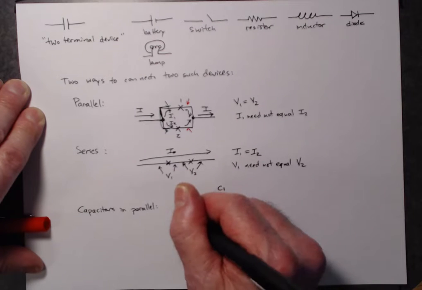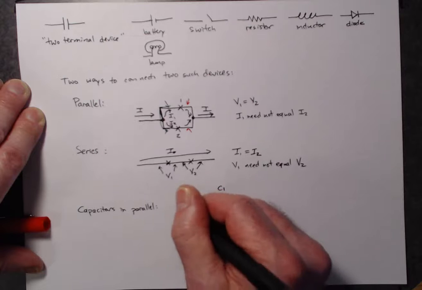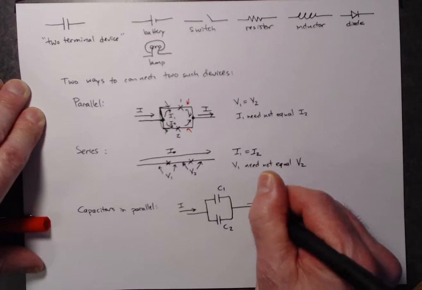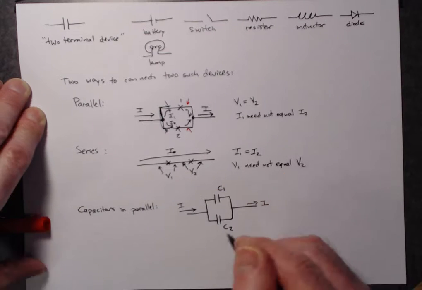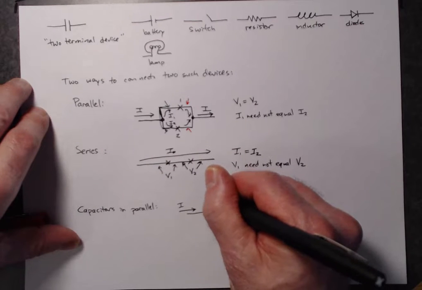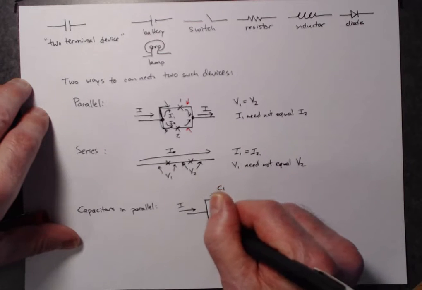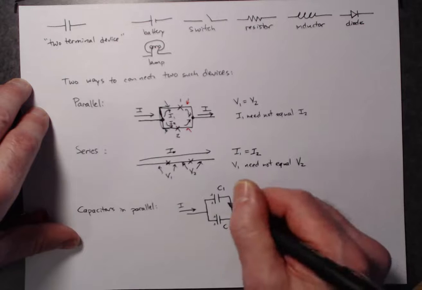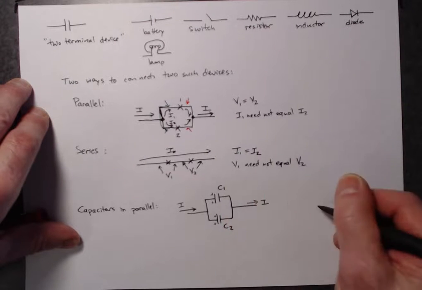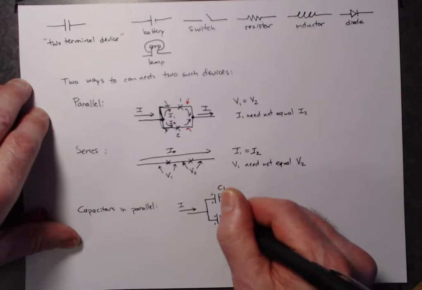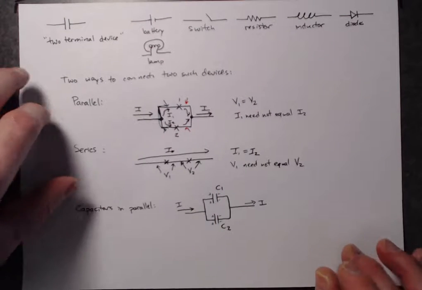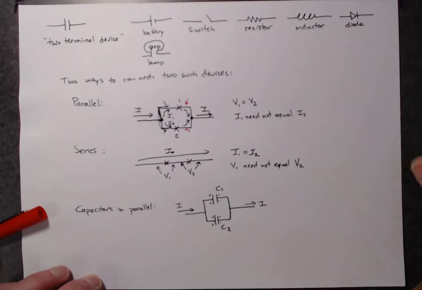When I flow charge in, I've got some current coming in, I've got current coming out. As I flow the charge in, it starts to build up on the left plates of both capacitors as a positive charge. I'm sucking positive charge out on the right side, so I'm building up negative charge on the right plate of both capacitors.